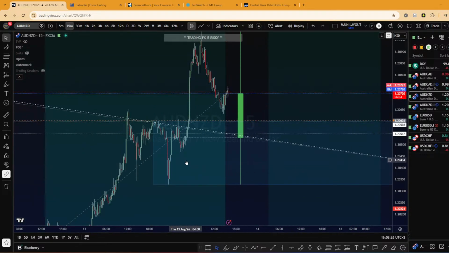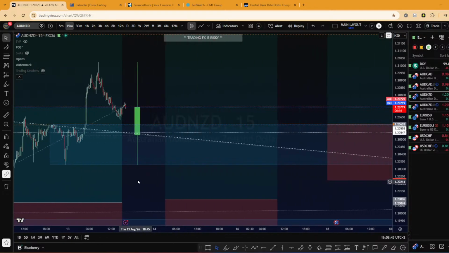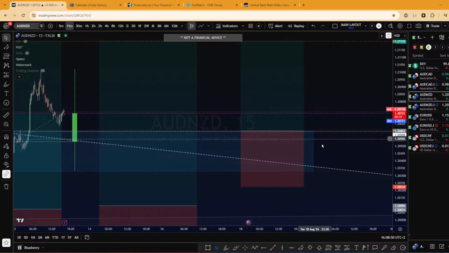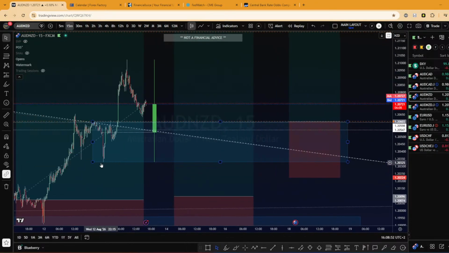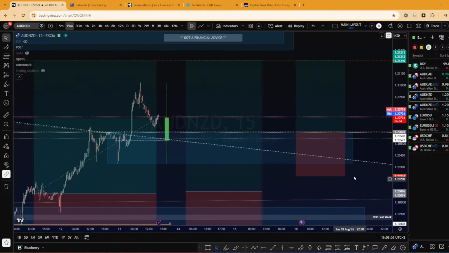This could be interesting. Yeah. So let's see how price reacts at this level. Maybe I could add another position somewhere here, stop just below this level. So let's see.